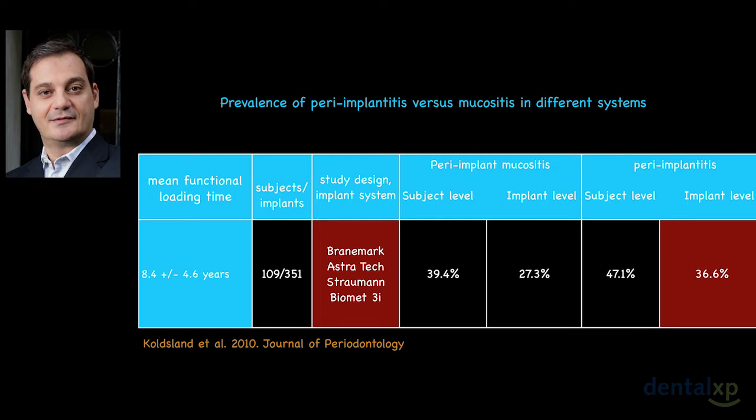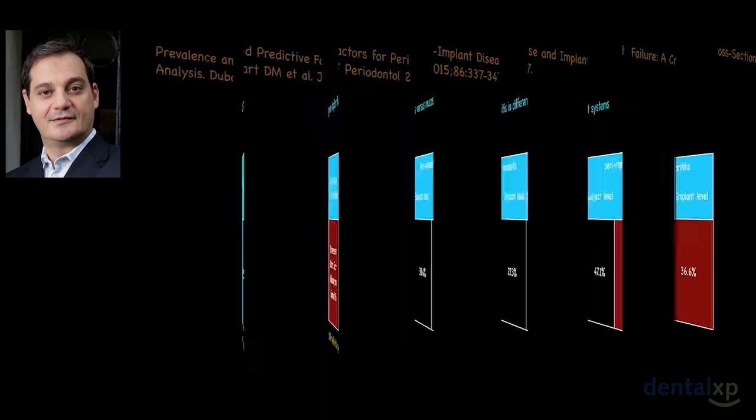The difference between this and the one previously mentioned is the presence of roughened surfaces. So with the advent of technology that led to roughened surfaces, we have had an increase in peri-implantitis. Same thing we had with HA, now we have multiple surfaces, and now we are having higher risk of peri-implantitis.